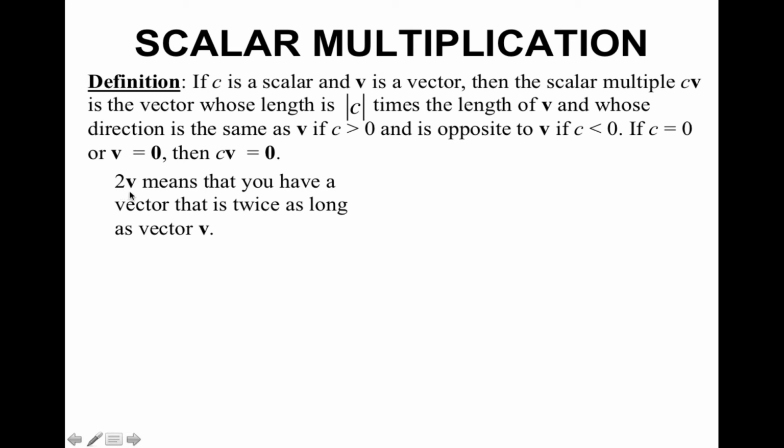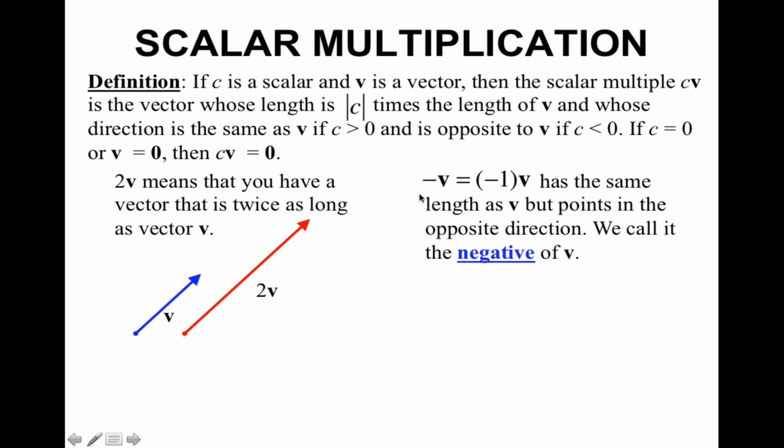2 times v means that you have a vector that is twice as long as vector v. So here's vector v, and here's 2 times v. Basically, I copied v on top of itself. Now negative v, which is the same thing as negative 1 times v, has the same length as v but points in the opposite direction.